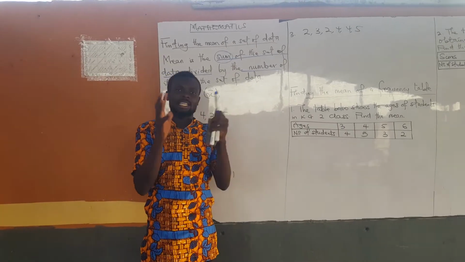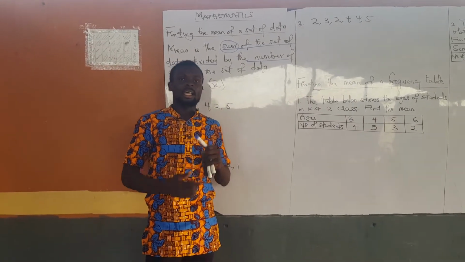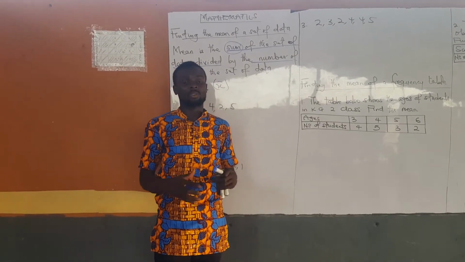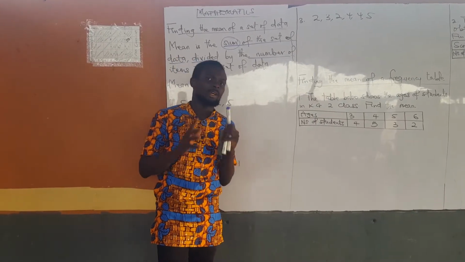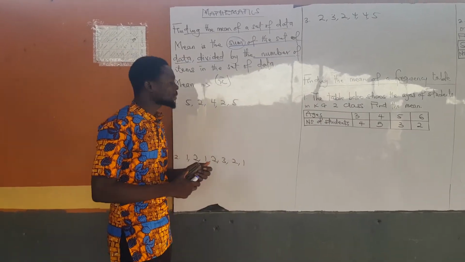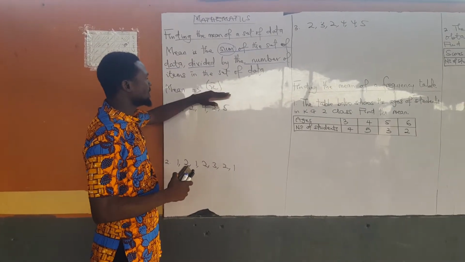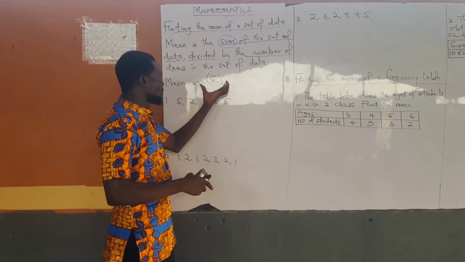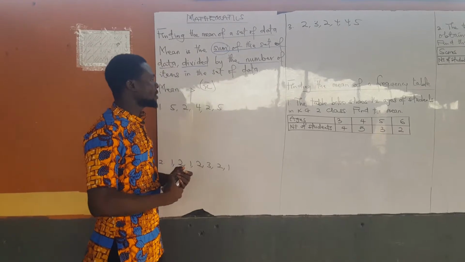So when you put the set of data together and you divide it by the number of items, then you are calculating the mean of the set of data. Now the mean is denoted by this sign, x with a dash on top.